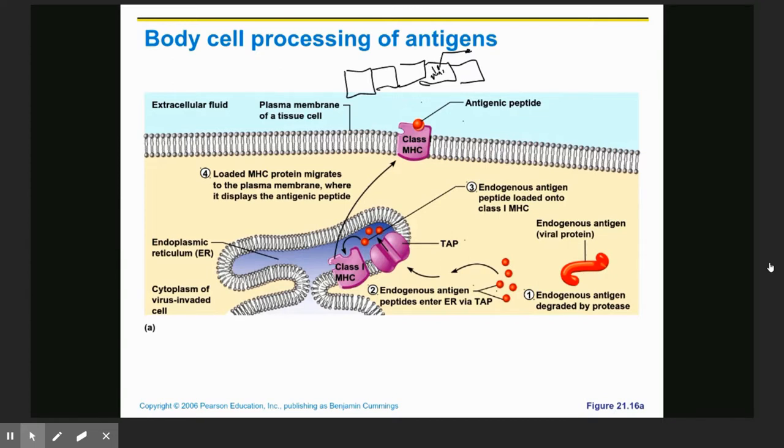It puts this big red X on the door. Well, when T cells come along, there's nothing there. But when they get here, look, there's that big red X. And so this T cell is going to then kill that particular body cell.